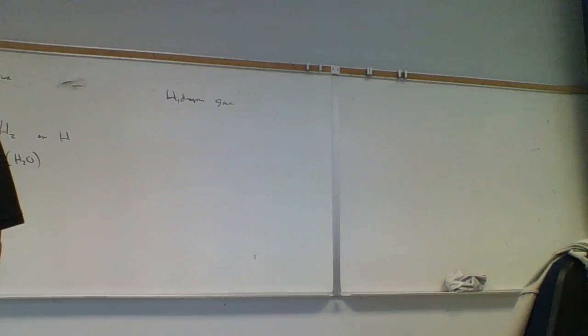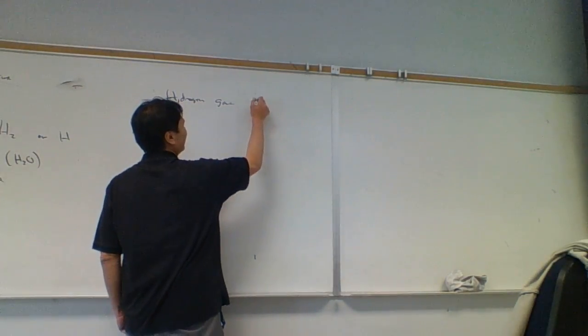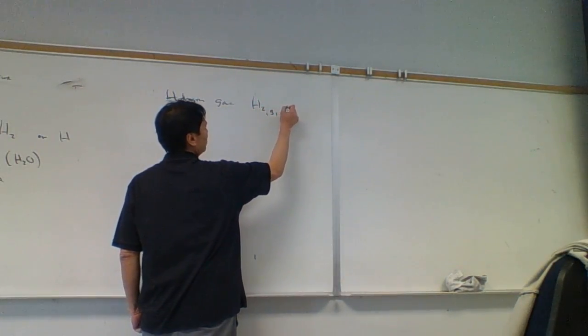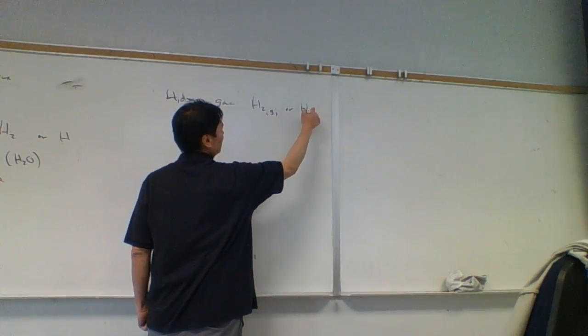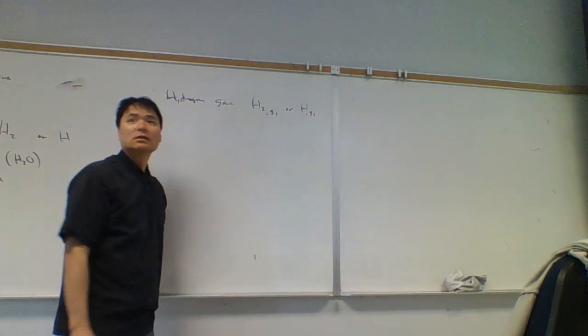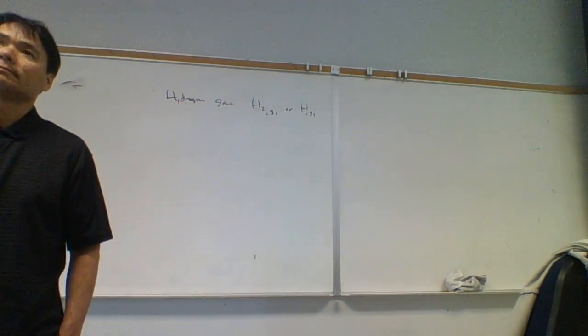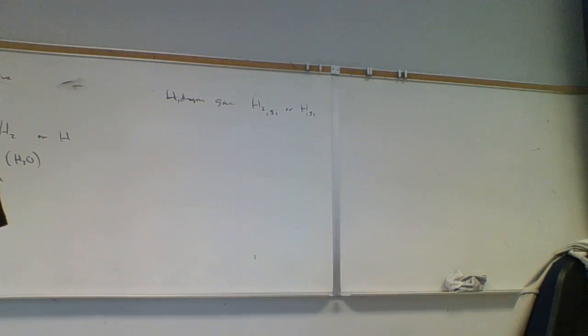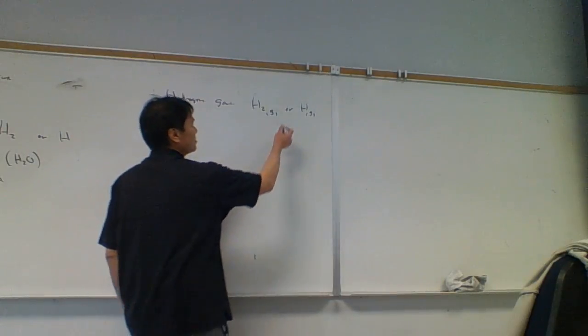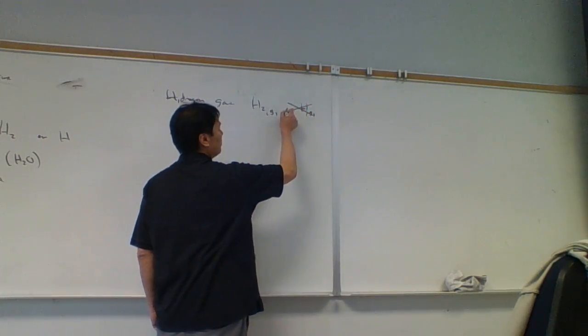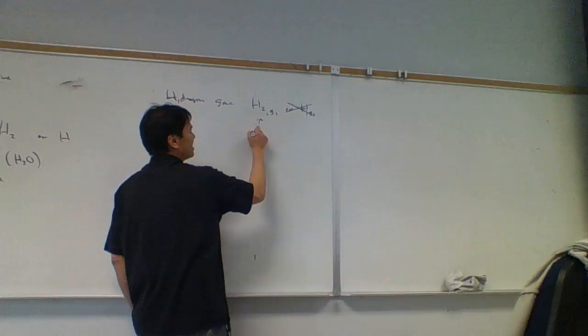Would H be a gas too? So hydrogen gas could be H2 gas, or it could be H gas if we break apart the molecules. But normally when we're thinking about hydrogen gas, we usually pick the most stable form. This is more stable.